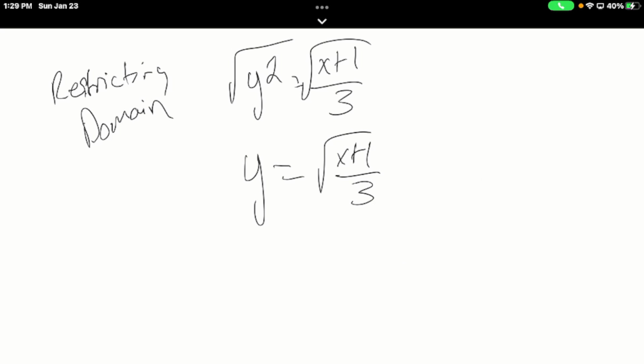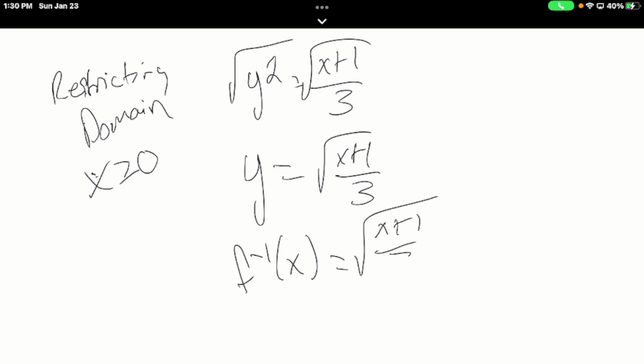Because when you square root something, you're technically supposed to have a plus or minus, okay? But in actuality, if we restrict our domain, making it x greater than or equal to 0, we only care about the positive part, okay? So this y right here is our inverse, so I need to replace it with the inverse notation. Okay, that's how you would find the inverse of that specific quadratic.